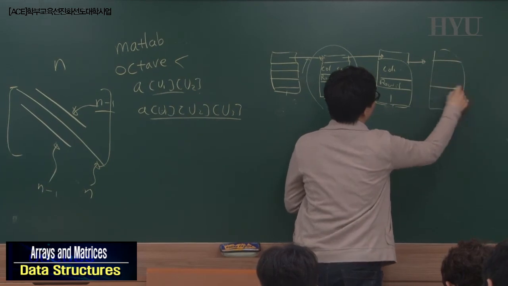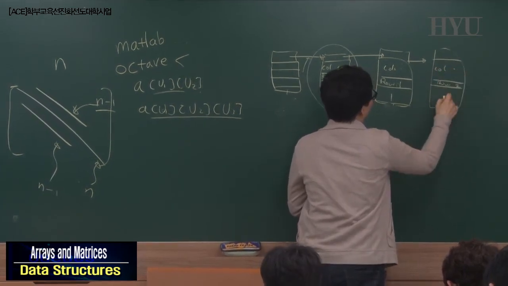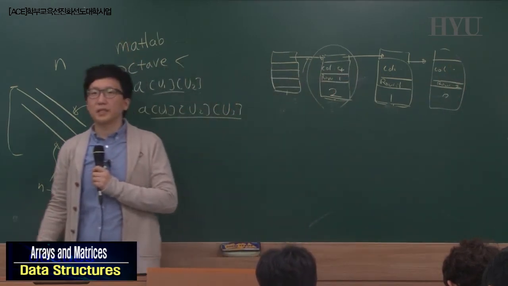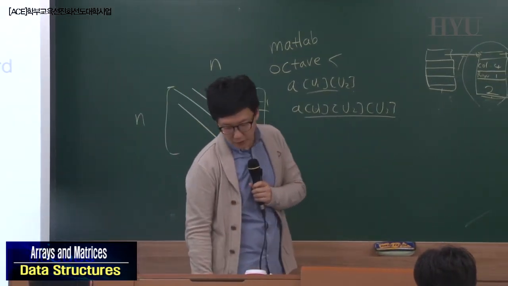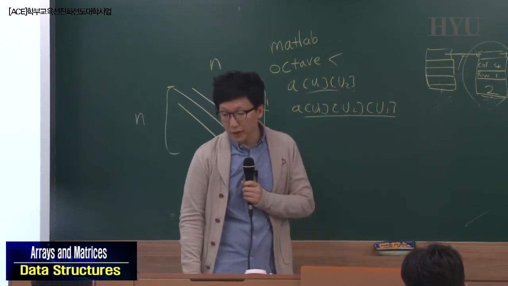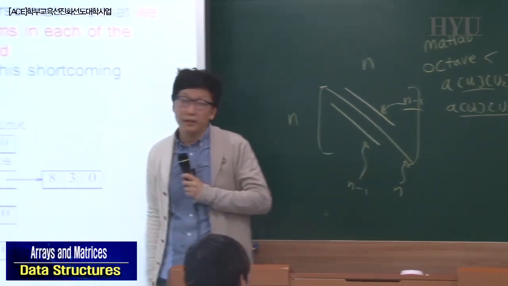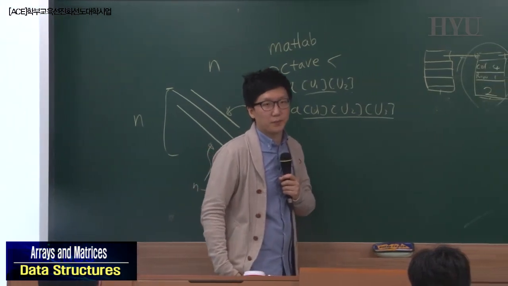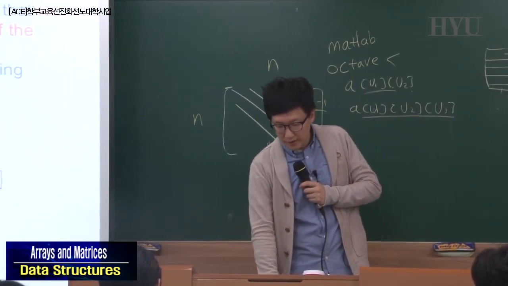Next value I see, row 2, column, whatever value it is. Maybe I do one simple array like that. Either way is fine. It's one of the suggestions for you to take a look at. Maybe what I draw here is slightly different from what they explain in the textbook, but it doesn't really matter. It's up to you. So do take a look at how they did it in the textbook.